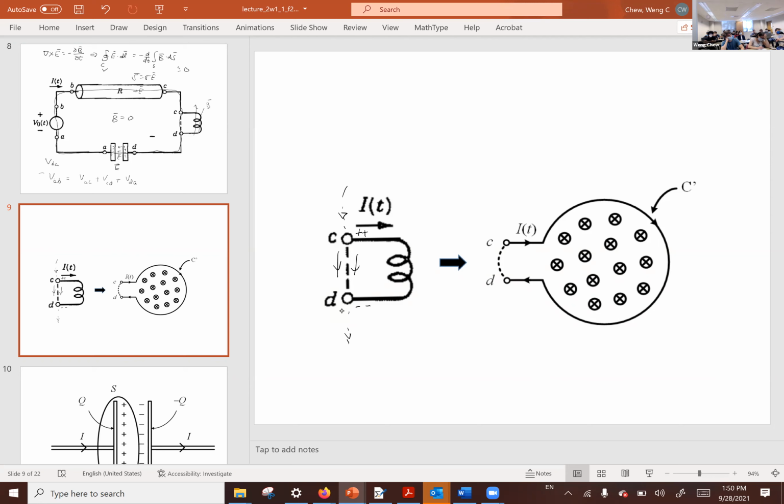And this electric field gives a voltage drop from the top terminal to the bottom terminal. So how do we find this voltage drop? Well, we can find it by using Faraday's law.